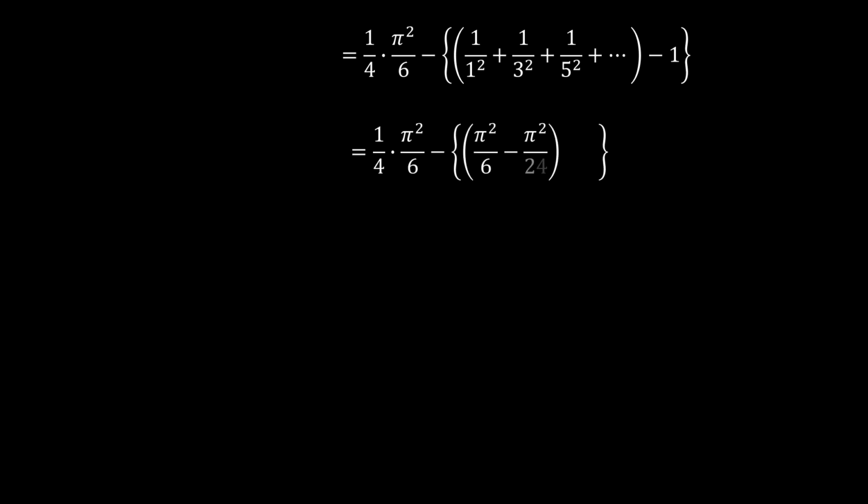But now we know that this is the even terms, and the odd terms is simply the sum, the Basel problem, minus the even terms. So that's what we've done here: pi squared over 6 minus pi squared over 24, because this is just the even terms. So in order to be left with the odd terms, this is what you're going to do. And then we've kept the minus 1 there.